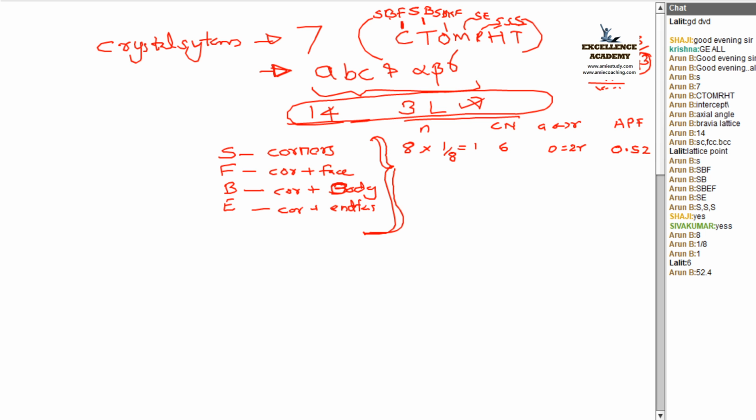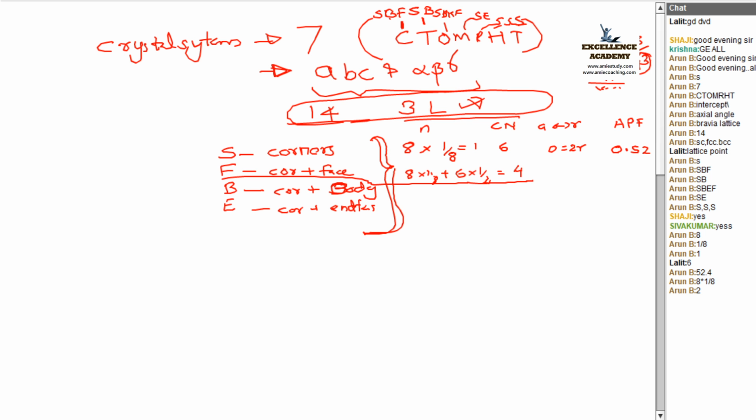Next is face centered. What is the effective number of atoms? 8 into 1 by 8 plus 6 face atoms shared by 2 unit cells. Result is 1 plus 3, that is 4. I am discussing face centered, not body centered.